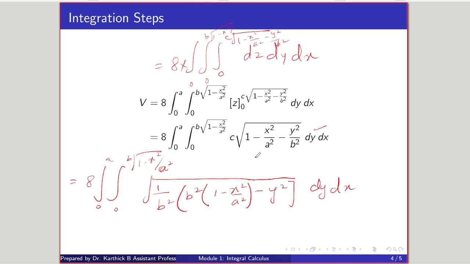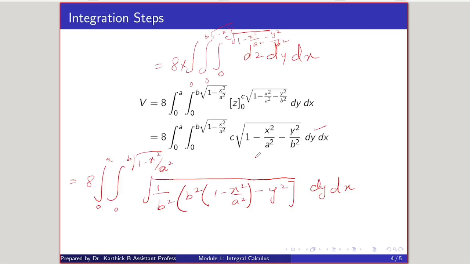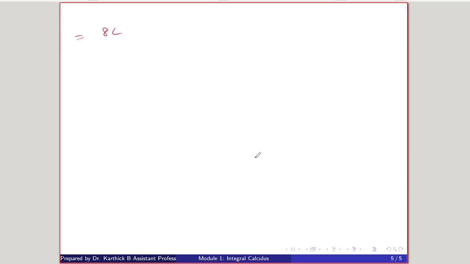On the next step, I take the constants outside, so it will be 8c. On the previous step I took the constants outside, now it will be 8c by b.